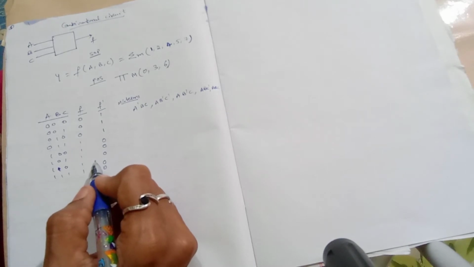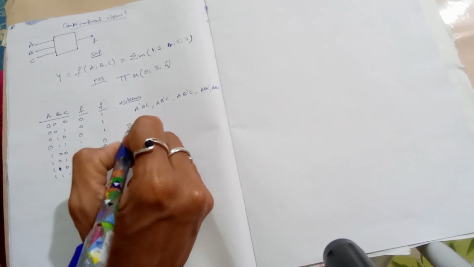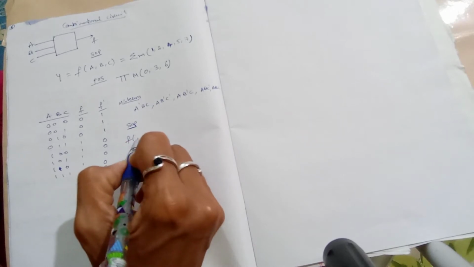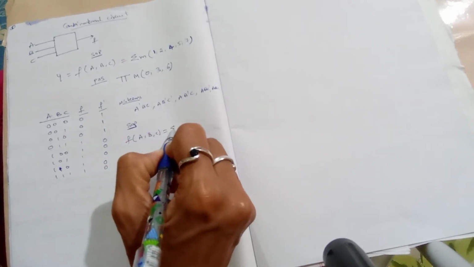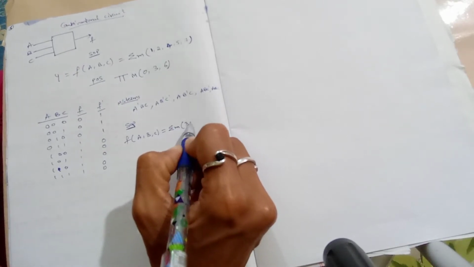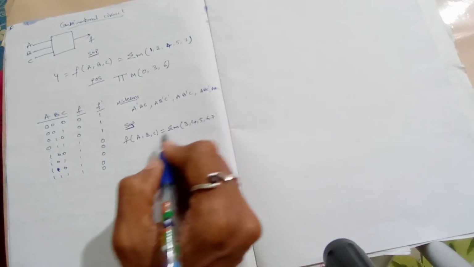Now the expression, that is SOP, written as function of A comma B comma C is equal to summation of M of 3, 4, 5, 6, 7.